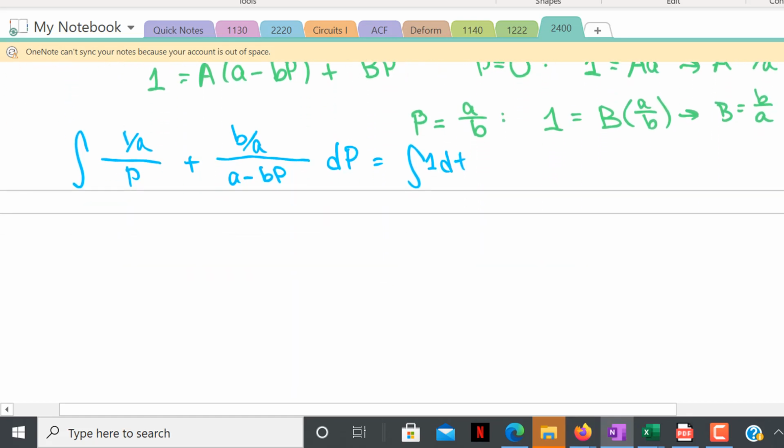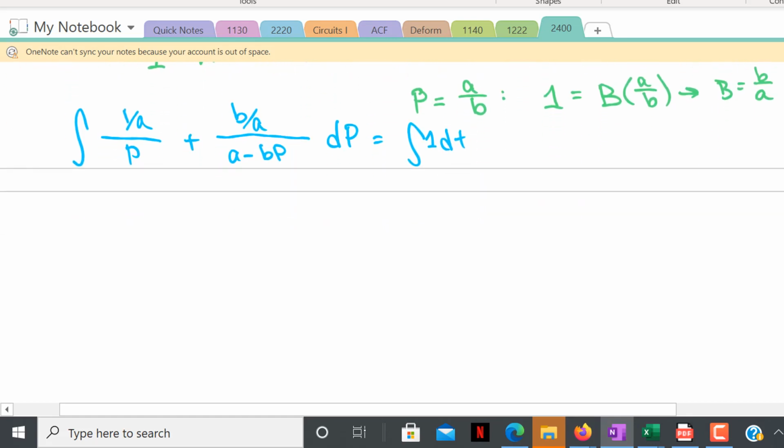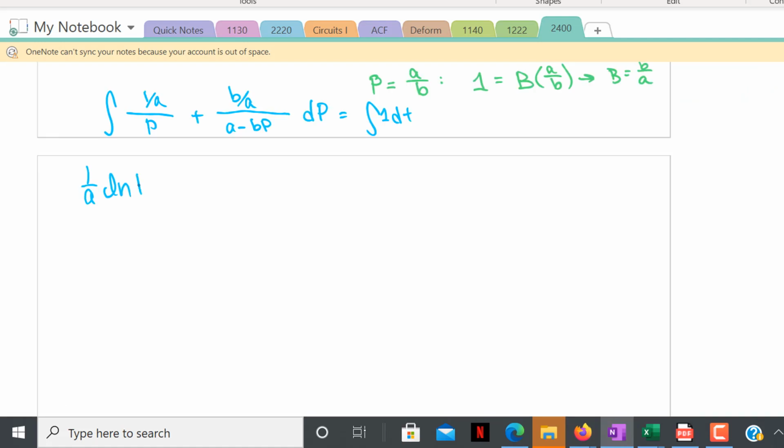So on the left-hand side, the antiderivative is going to involve natural log. I'll pull the 1 over a out in front. Natural log of P, I don't need absolute value because I would never have a negative population.